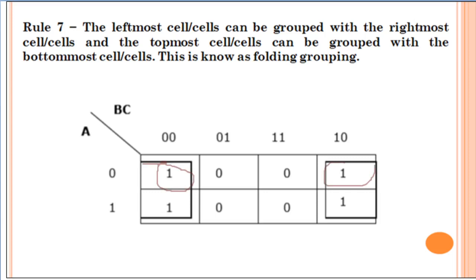The difference between these two cells is 1 bit, so these can be grouped. This term and this term can be grouped, and this grouping is known as folding grouping.